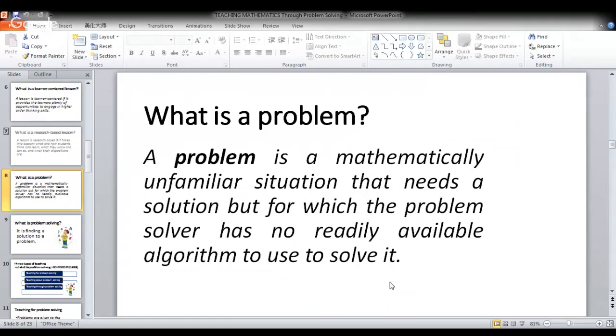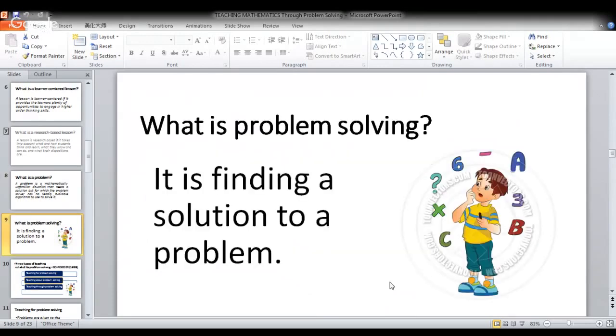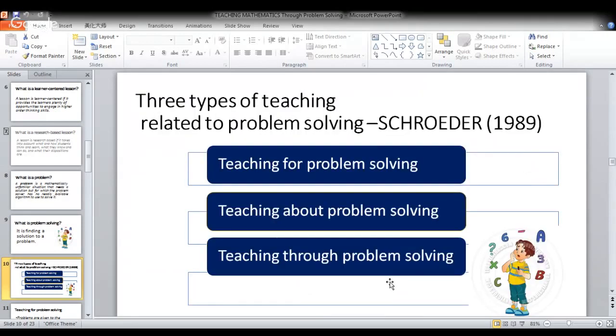So let's look at what our practice is in the classroom. Most of the teachers are doing teaching for problem solving or teaching about problem solving.